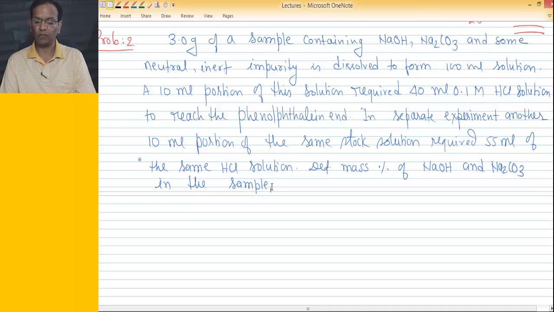Now in this problem, rather than sodium bicarbonate, we have sodium hydroxide and sodium carbonate mixture.